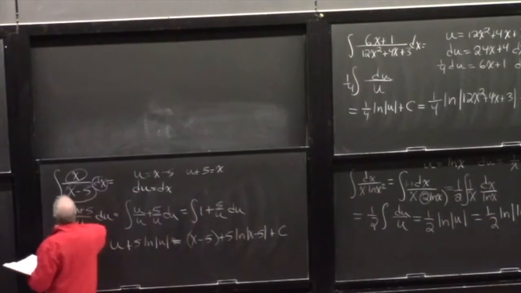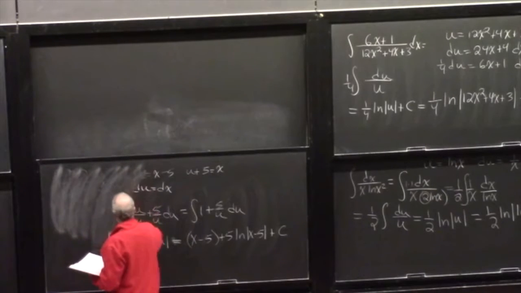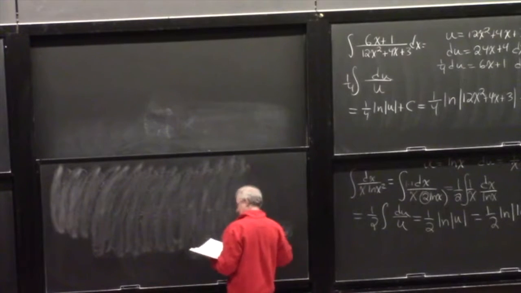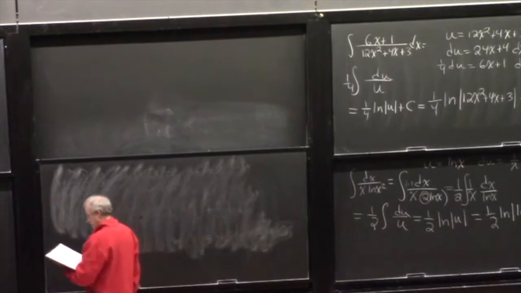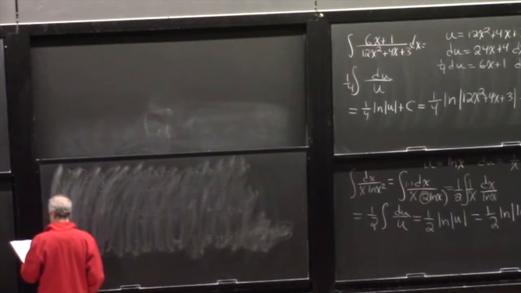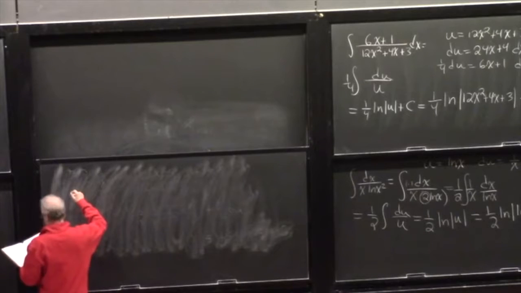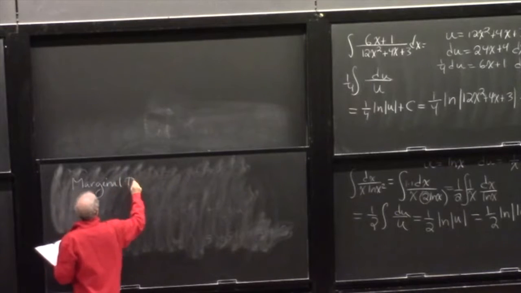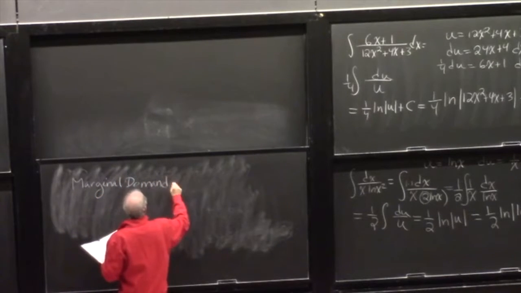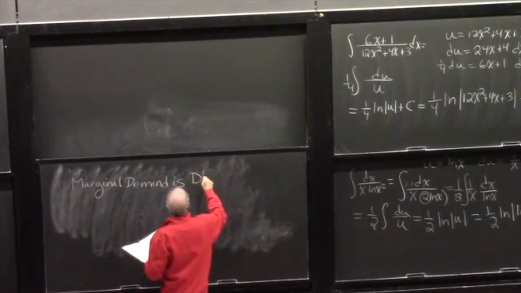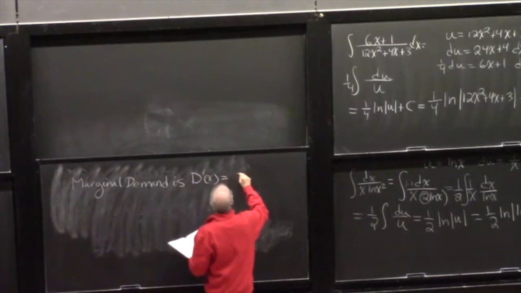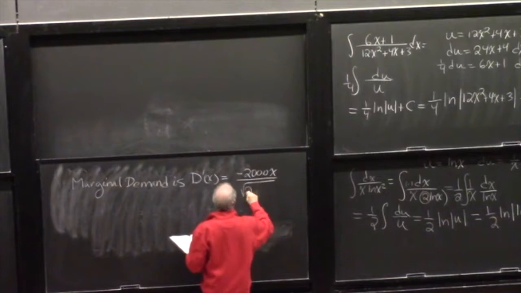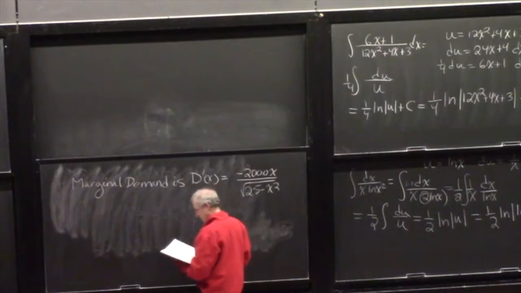Fun. Boom. So for example, we have a business, I don't really care what it's called, and marginal demand, d prime of x, is negative 2,000 x over the square root of 25 minus x squared. Okay?